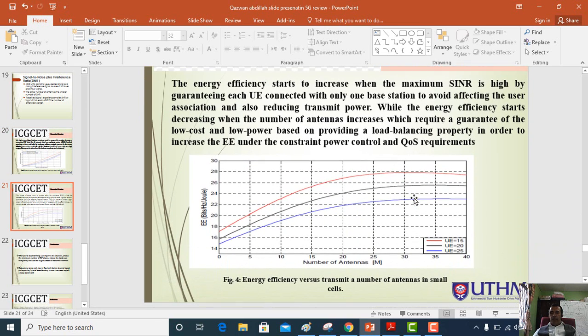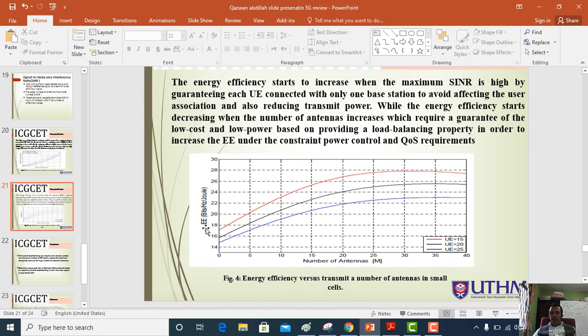As you can see here, the energy efficiency becomes less when we increase the number of users. It was about 28 when the active user is 15, but it reduced to about 25 when the active user is 20, and reduced to about 22 when the active user is 20.